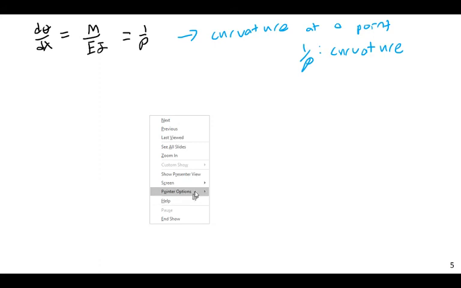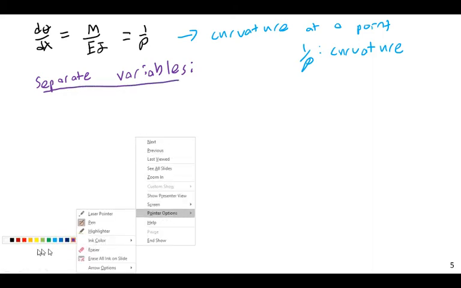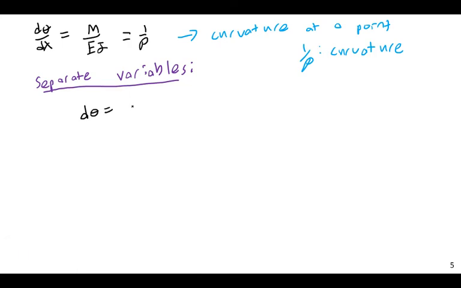So if we then separate the variables, we will get the relationship that d theta equals M over EI dx, or if I apply some basic calculus, I integrate both sides, I will get theta as a function of x is equal to the integral of M as a function of x over EI dx.